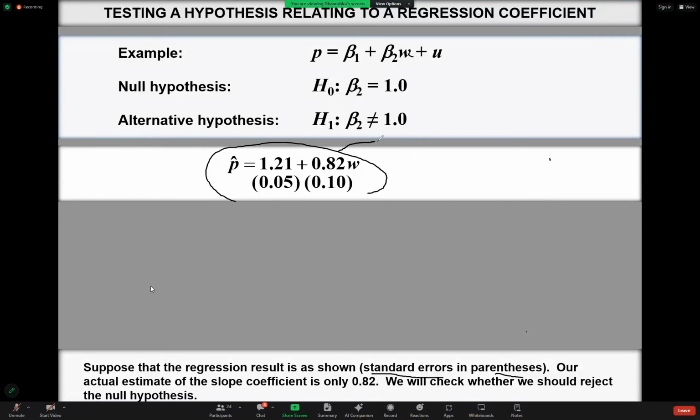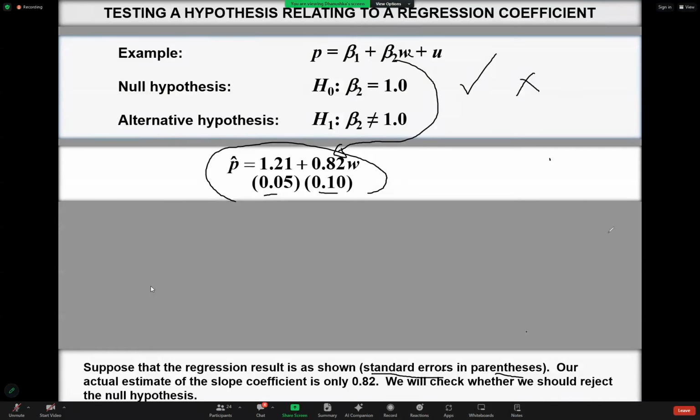The value of beta 2 is 0.82. Then these values in brackets are called standard errors. Now you want to test whether you are going to accept this hypothesis or reject it.